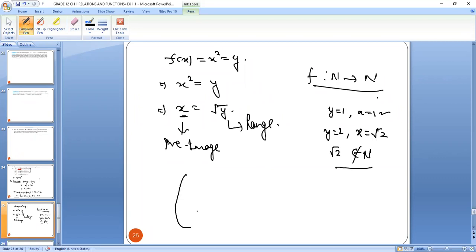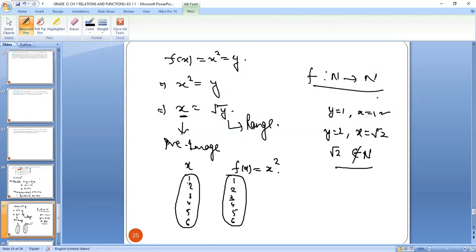That means when I will be having two sets, one is x, one is f of x is equals to x square, and I will be having natural numbers 1, 2, 3, 4, 5, 6 and so on, 1, 2, 3, 4, 5, 6 and so on.